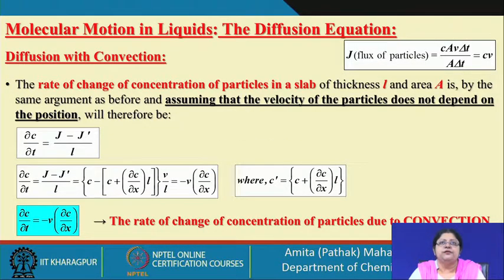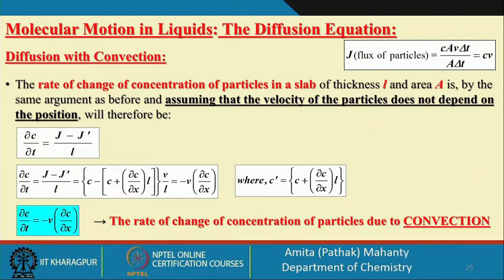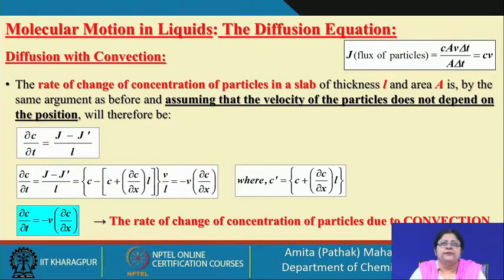The rate of change of concentration in this slab of thickness L and area A is, by the same argument as done before, assuming the velocity of particles does not depend on position. We remember, in this particular case we are assuming the velocity of particles is independent of the position of the particle, so we do not need to take the position into account as such.